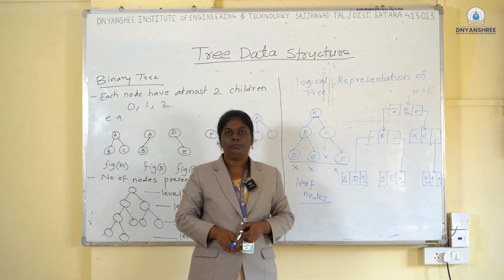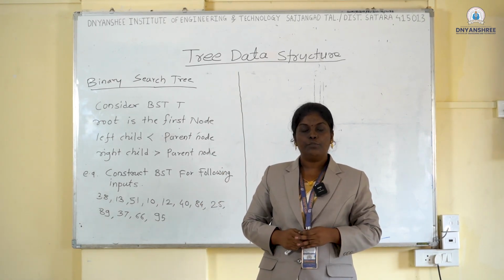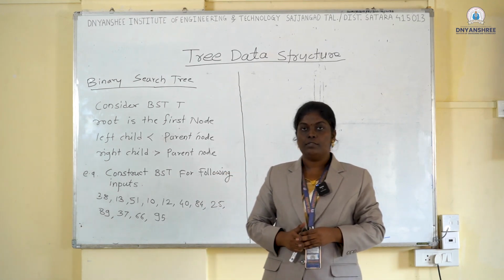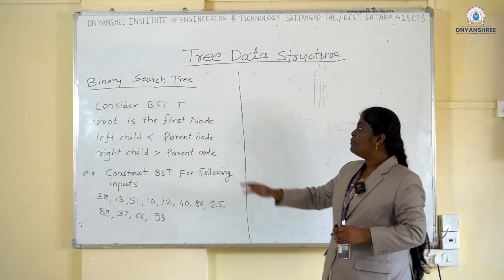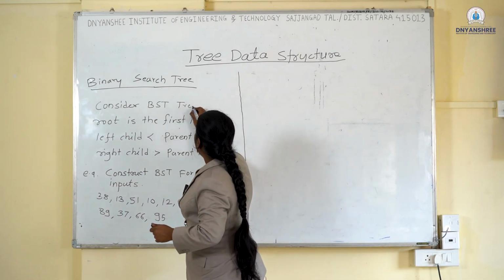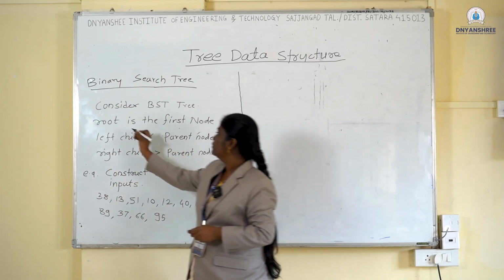Okay. Now the binary search tree, which follows all the rules of the binary tree that we have discussed. So what is a binary search tree? In a binary search tree, the first node directly becomes the root node.